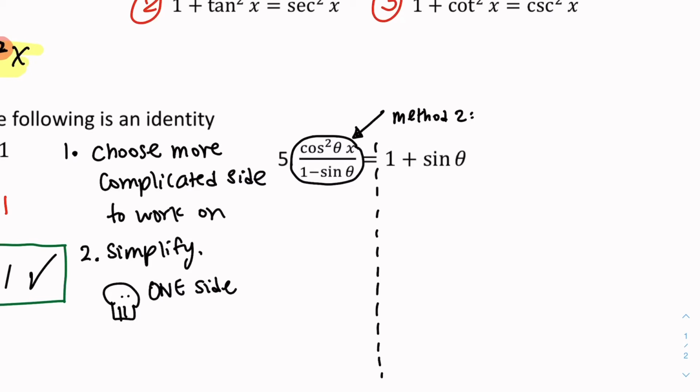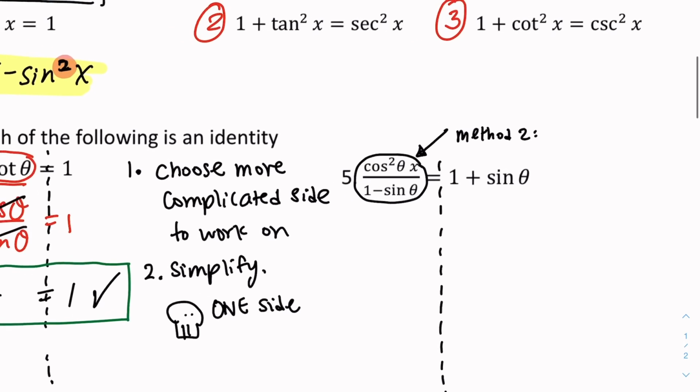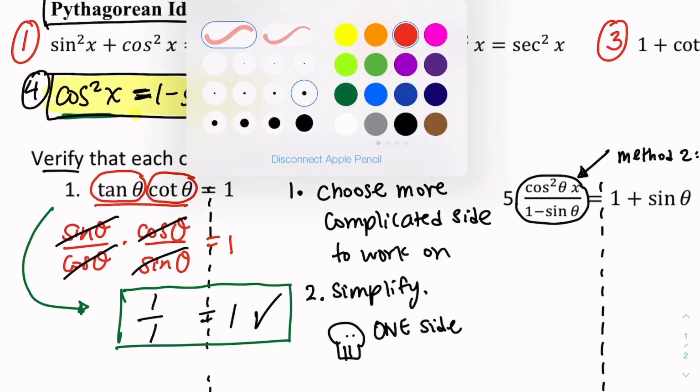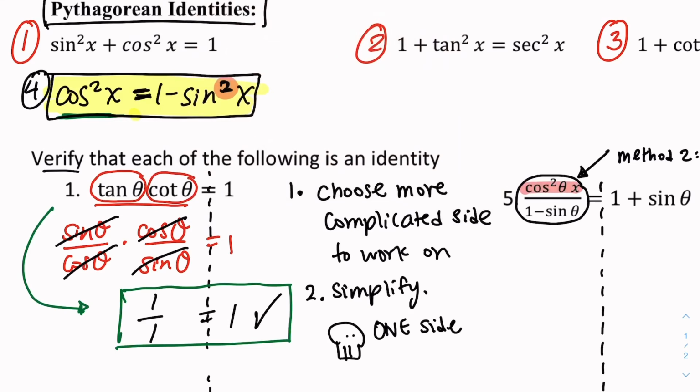I can make that happen by using rule 4. It says cosine squared theta is the same as 1 minus sine squared theta. So I'm going to use that. Instead of cosine squared theta, I'm going to write 1 minus sine squared theta on top, and the bottom I'll leave the same.